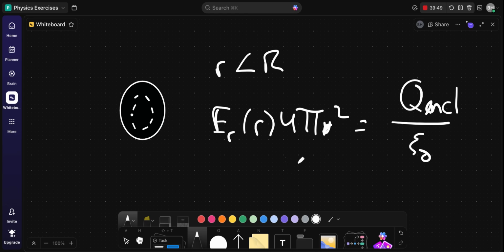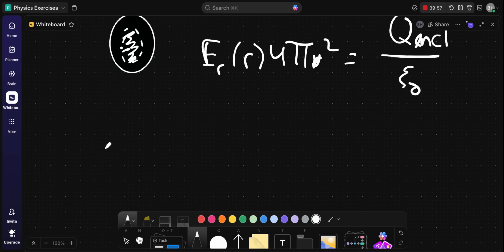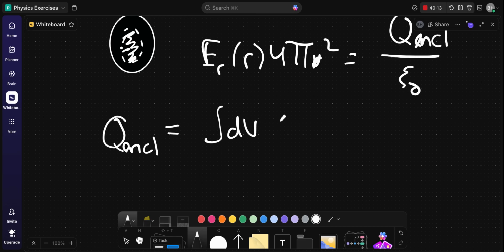Now the big question is, how do we get the enclosed charge, which is the charge inside that sphere? To get it, you have to do a volume integral: the volume element times rho.